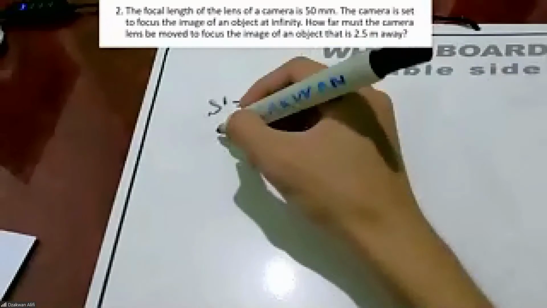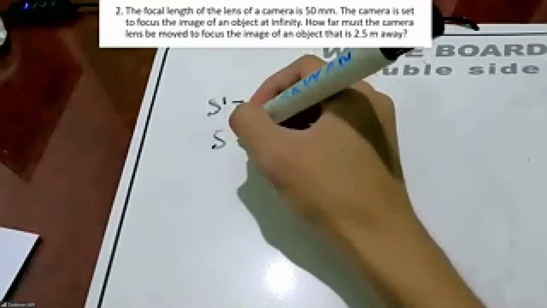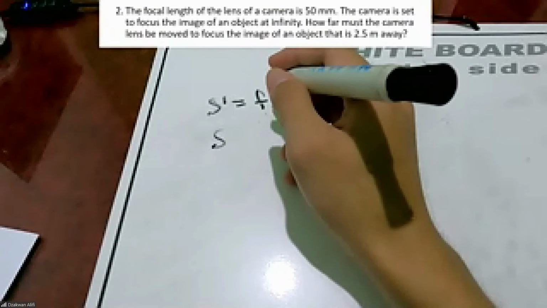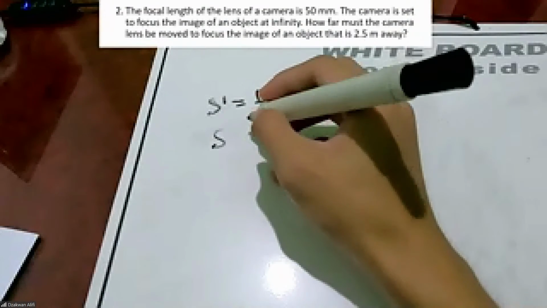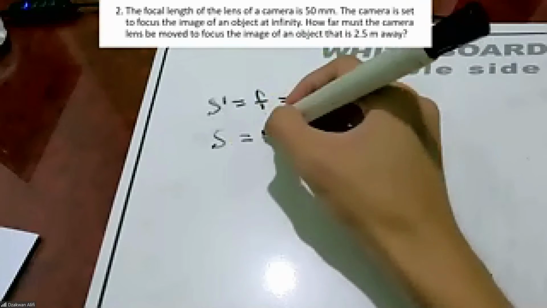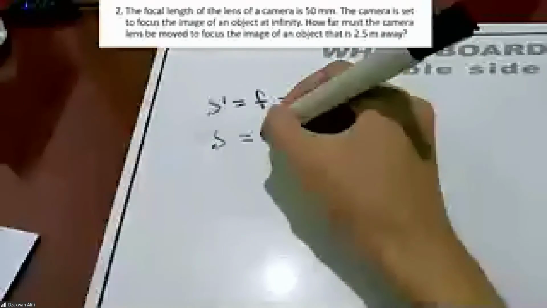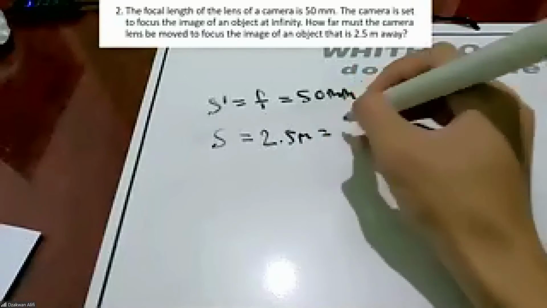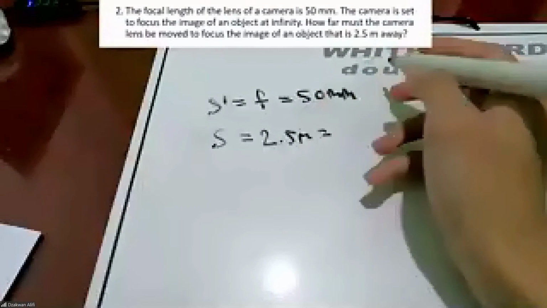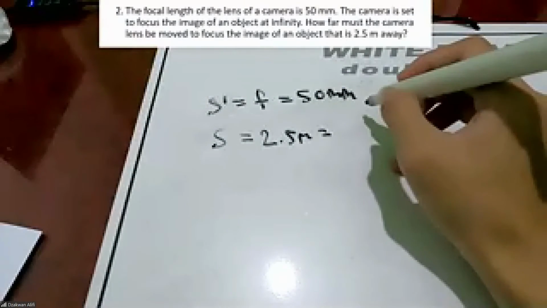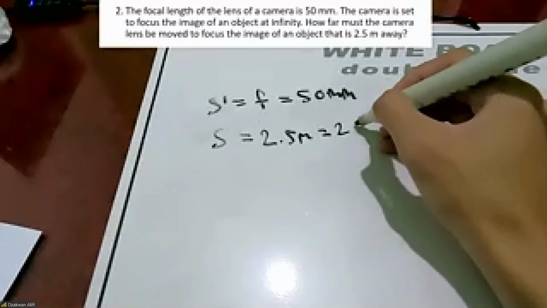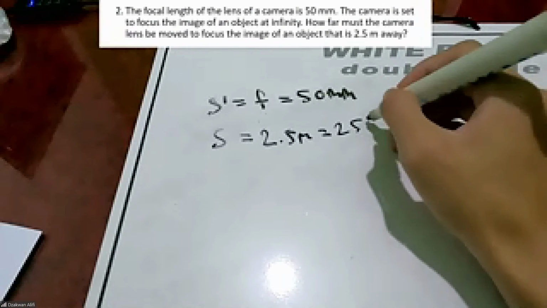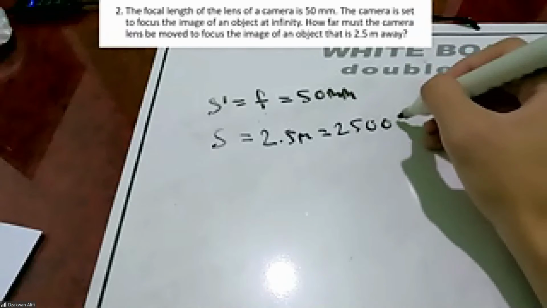When the object distance from the lens, S, is 2.5 meter away, if we convert to millimeter, it's 2,500 millimeter.